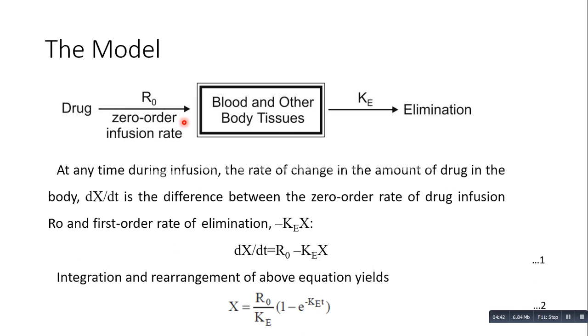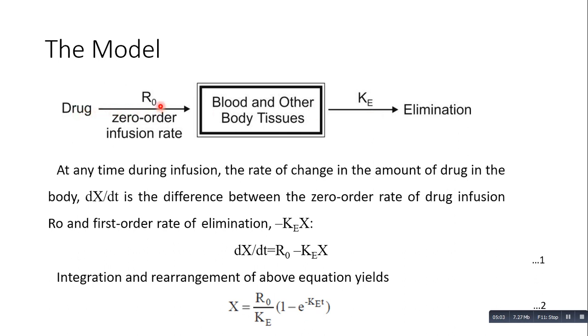So that is why the process rate follows the zero order kinetic, and like the IV bolus, the elimination will be first order. So simply this one is the rate in, that is denoted by R0, and this one is rate out, that is denoted by KE, that is elimination rate constant.